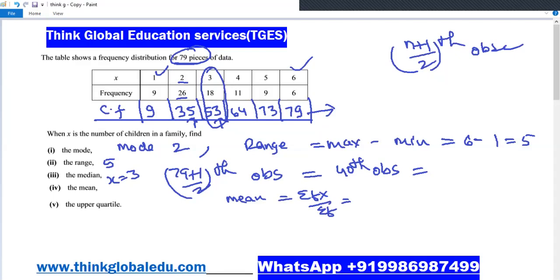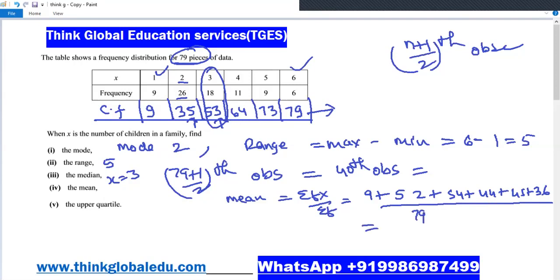So 9 times 1 is 9, plus 26 times 2 is 52, plus 18 times 3 is 54, plus 11 times 4 is 44, plus 9 times 5 is 45, plus 6 times 6 that is 36, divided by the total number of pieces of data, that is 79. If you add all these, that would be 240 divided by 79. If you divide this, you get 3.03. So this is the mean value.